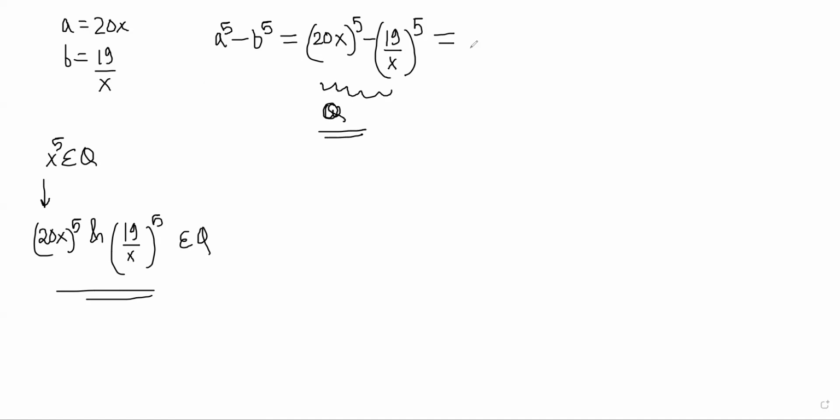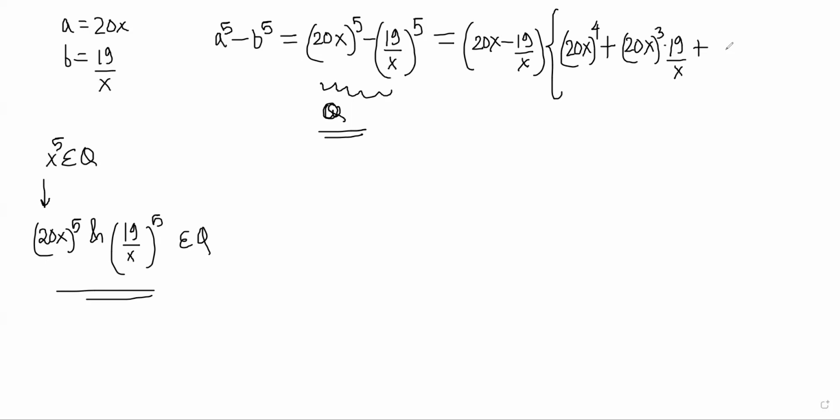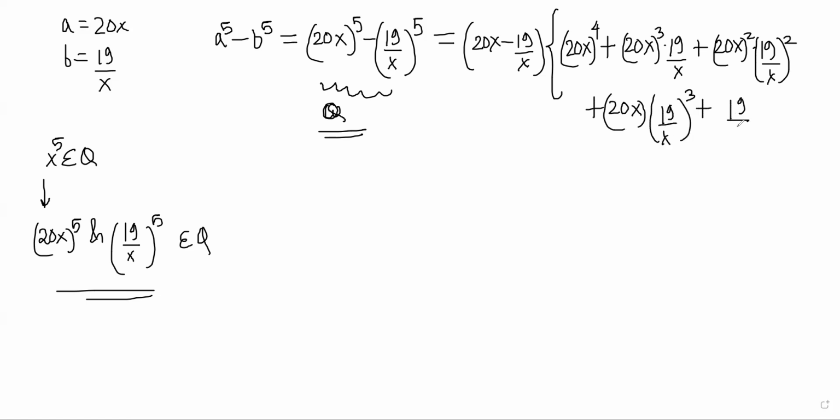So using the expansion, it is A minus B, so it is 20X minus 19 by X. And inside you'll have 20X to the power 4 plus 20X to the power 3 into 19 by X plus 20X square into 19 by X square plus 20X into 19 by X whole cube, and finally 19 by X whole power 4.